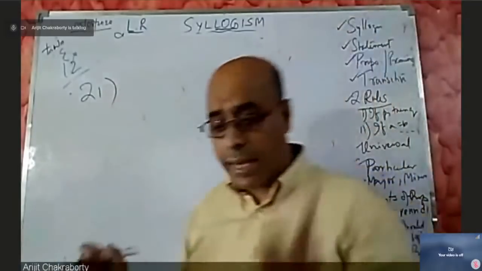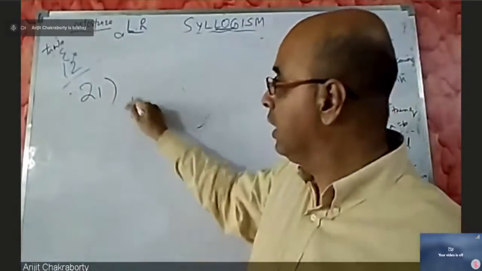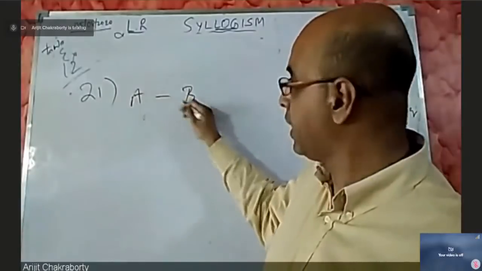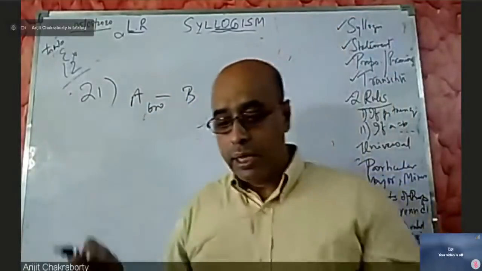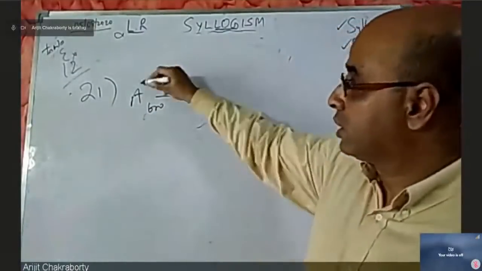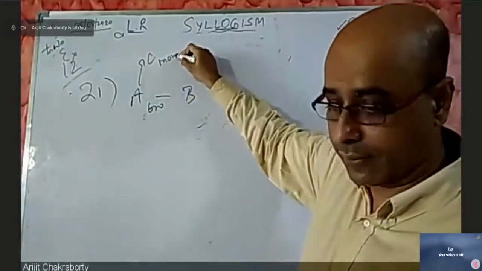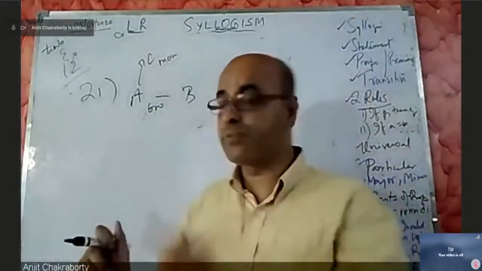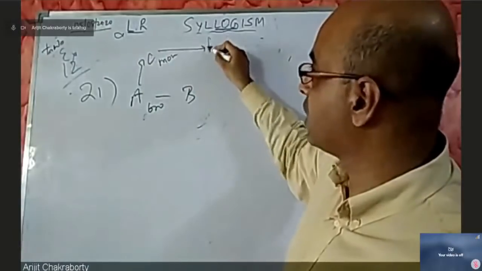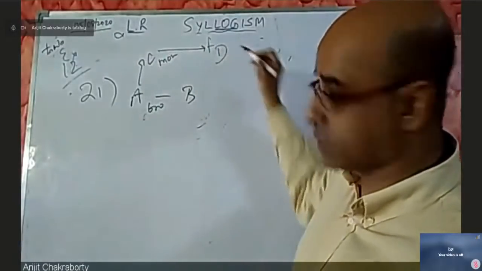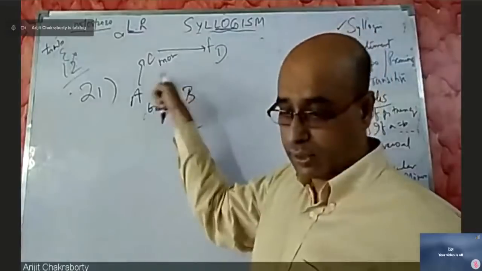The question is, A is B's brother. C is A's mother. D is C's father.